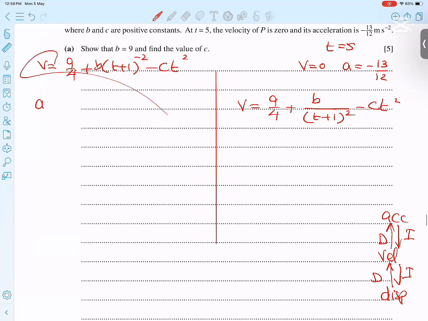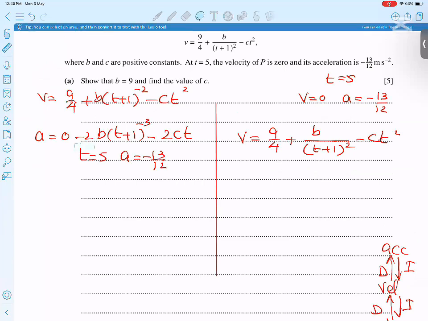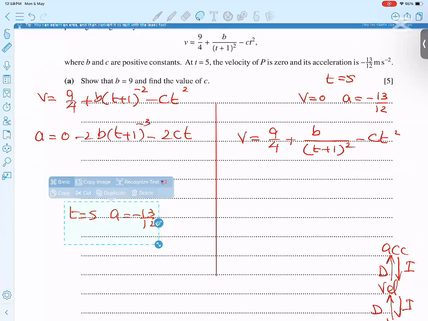Here, from velocity, I need acceleration. So I will differentiate. When I differentiate, the derivative of any constant is 0. Power comes down and power becomes 1 less. And what about this? 2 comes down, and 2c, and power 1 less. So this is the acceleration. Now I will plug in this data. Time is equal to 5 and acceleration is negative 13 over 12. But this I will not plug in immediately because of a lot of risk.